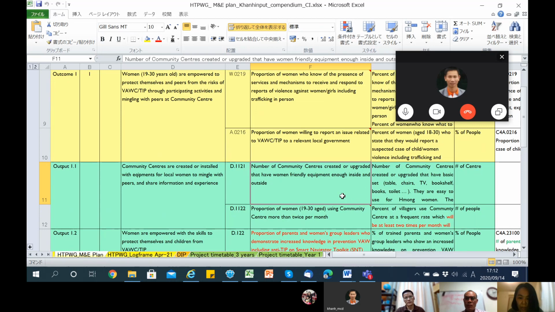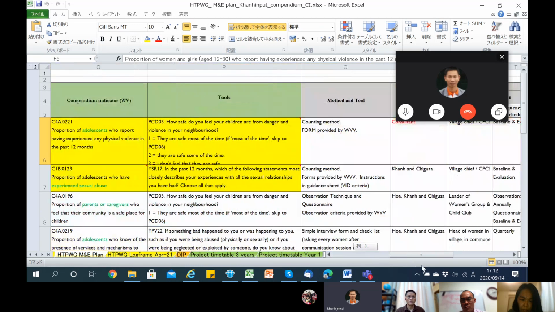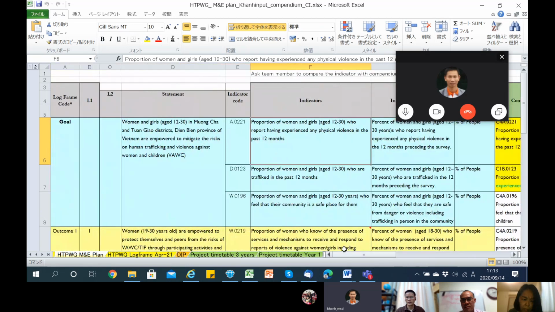Do we still need to do it? I think we need to go one by one for some important indicators at the goal and outcome level, so that we understand what we mean about the tool that already exists, and so Mr. Kwang can see how the World Vision tool looks.